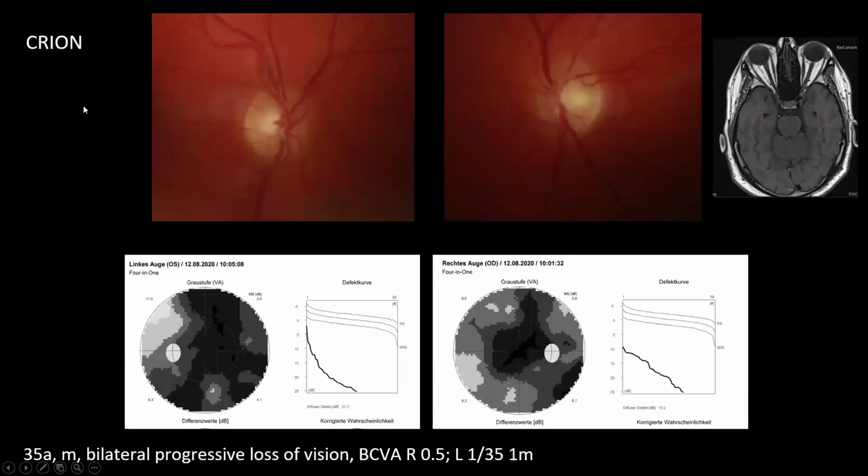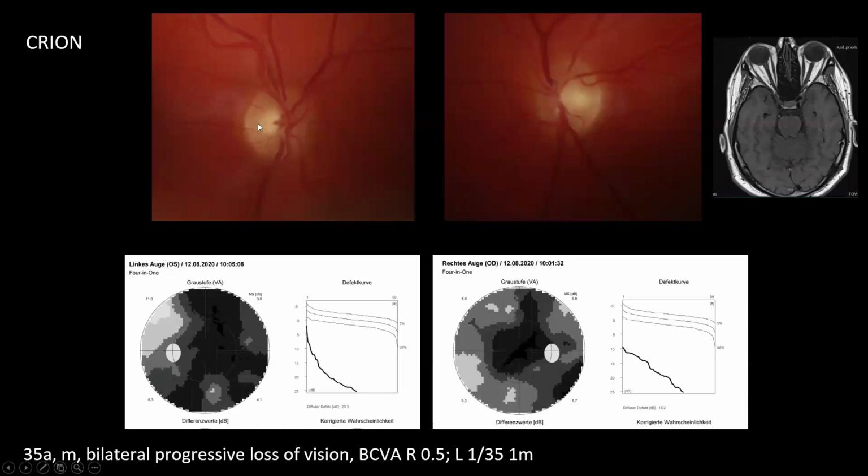This very young patient, 35 years old, has a chronic relapsing inflammatory optic neuropathy, also called CRION. And this patient experiences a rapid loss of vision and visual acuity. These are the visual fields, right on the right-hand side, left on the left-hand side, and these are the optic disc photographs.